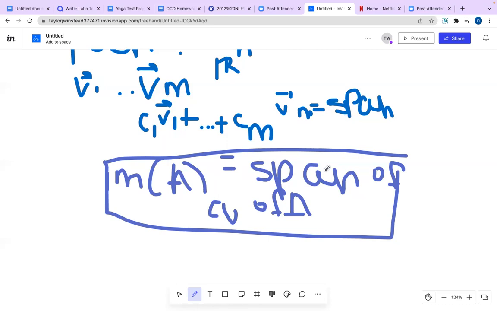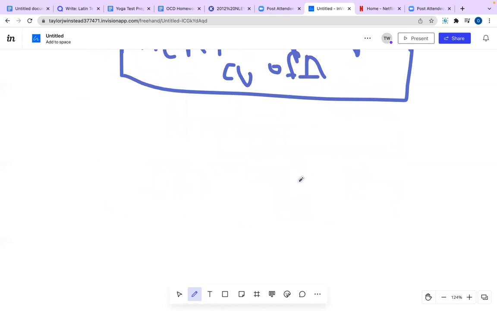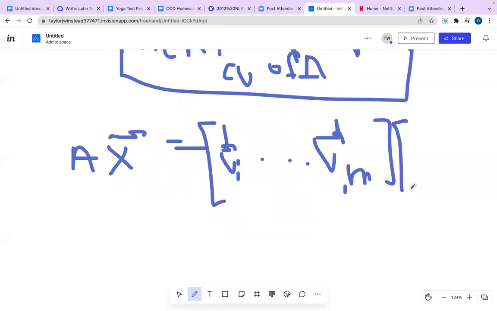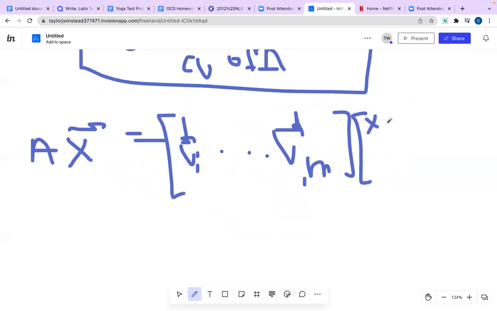So we can prove this. We can prove it really easily. Because if we say that A times X is equal to these column vectors of A times X1 through Xn, that's going to dot out to a linear combination, right?